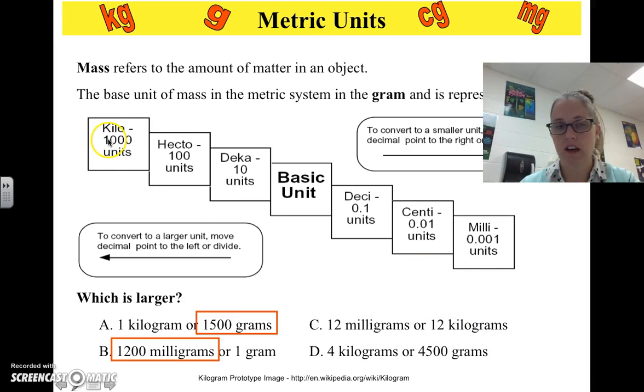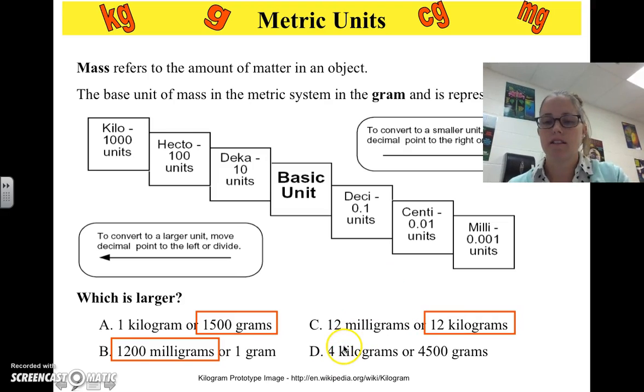So we'd start at kilo and go 1, 2, 3, 4, 5, 6 steps to the right. Here on the kilograms, I'd move the decimal point 1, 2, 3, 4, 5, 6, and in each of those empty spots, I'd put a 0. So it would end up being 12 million milligrams. Does that make sense? I hope so. Let me know if it doesn't.